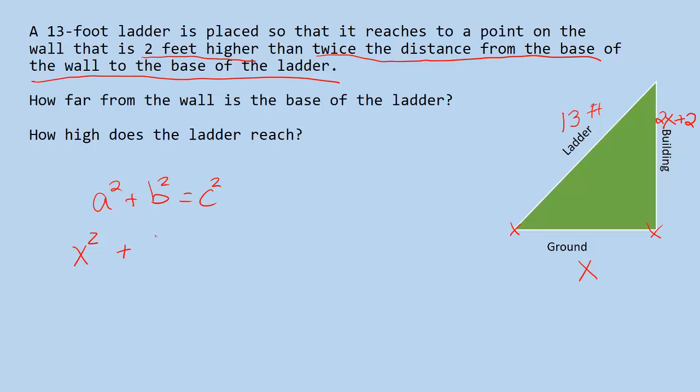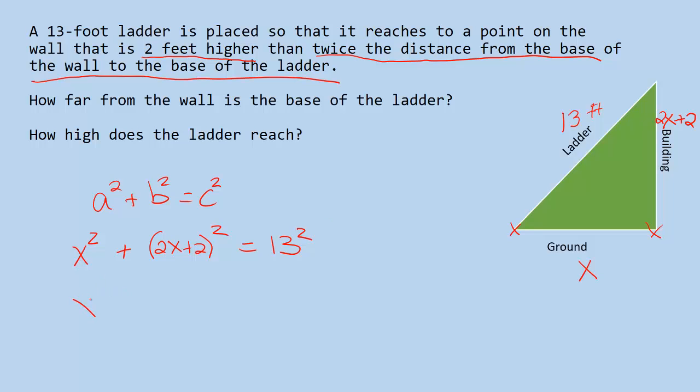And my other leg is 2x plus 2. So that means I'm going to take the length, 2x plus 2, and square that. This needs to equal the hypotenuse squared, and the hypotenuse squared is 13 feet, and that's going to be squared.